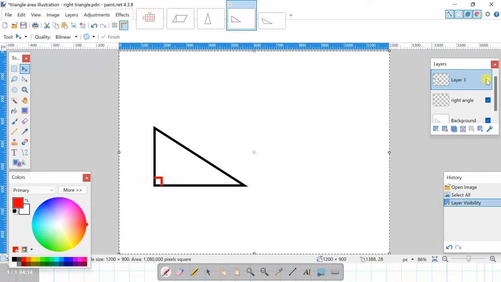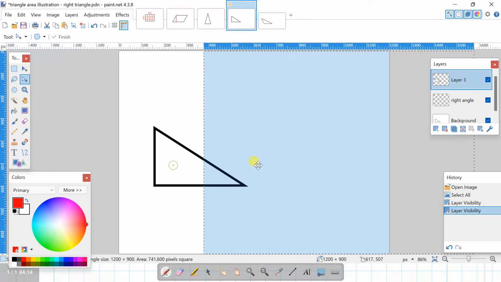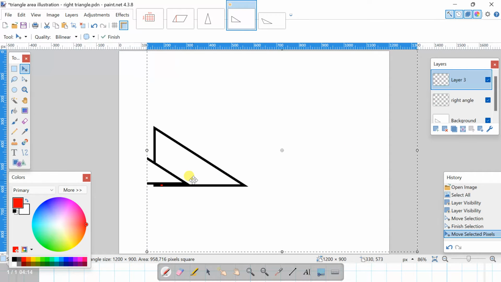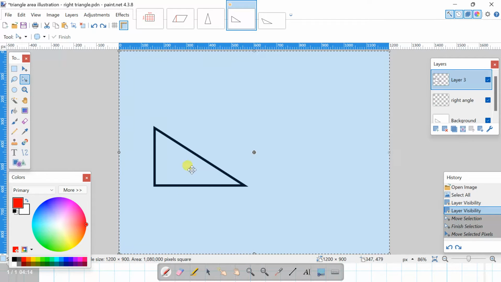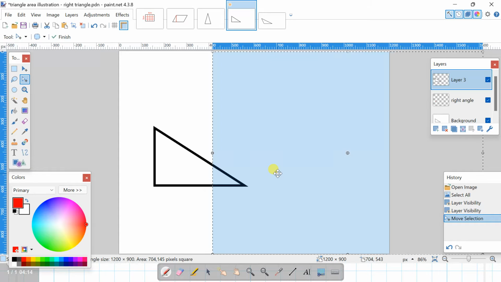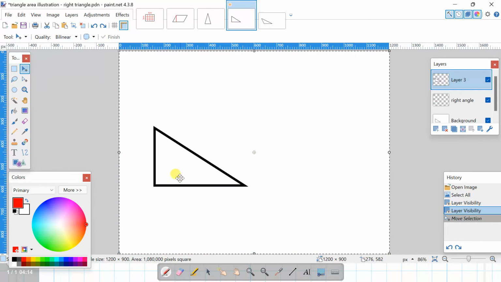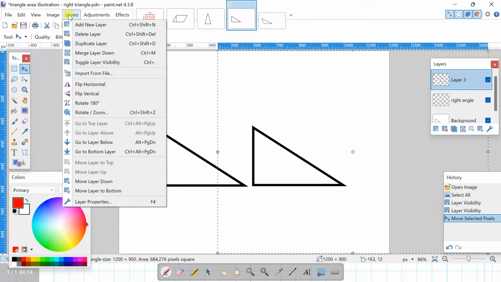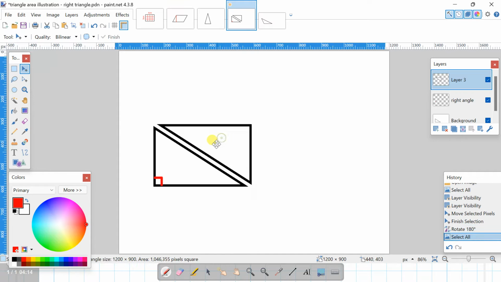Okay, we see that this triangle also has a right angle, and when I duplicate the triangle and then I flip the second one and attach it to the first one, so what do we get?